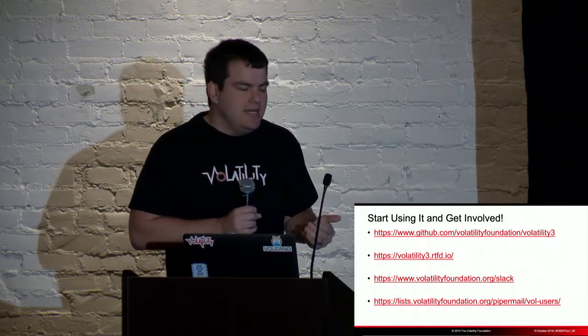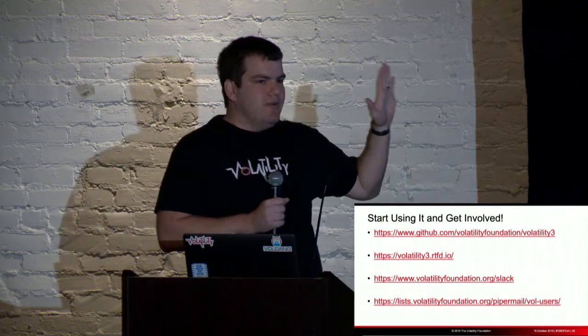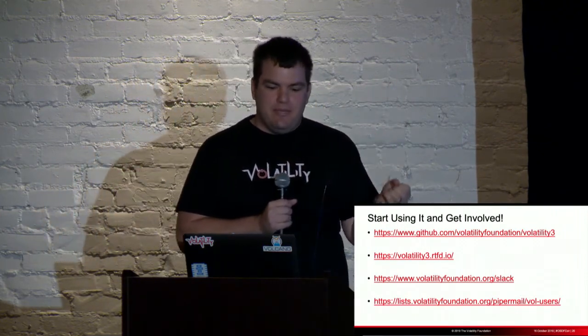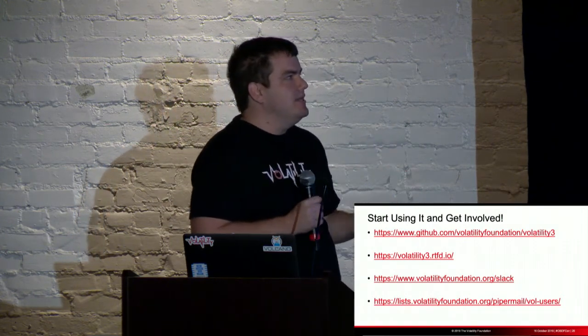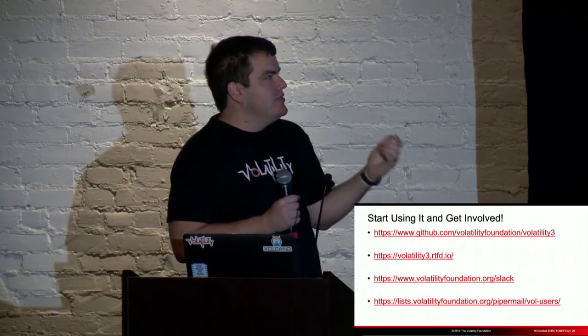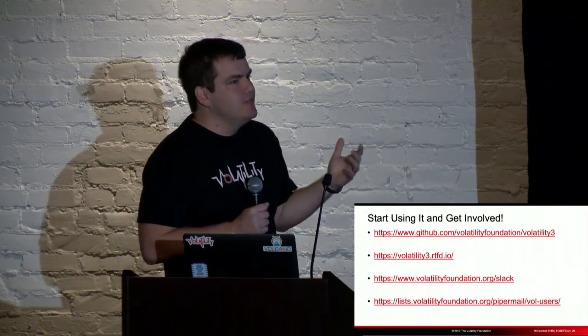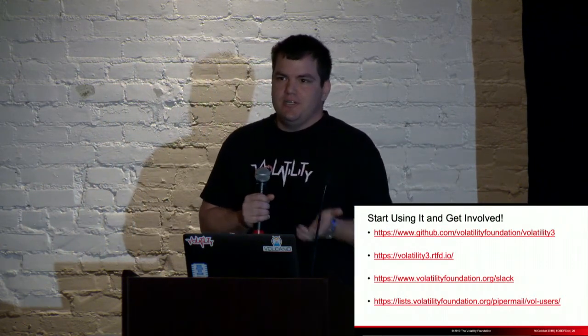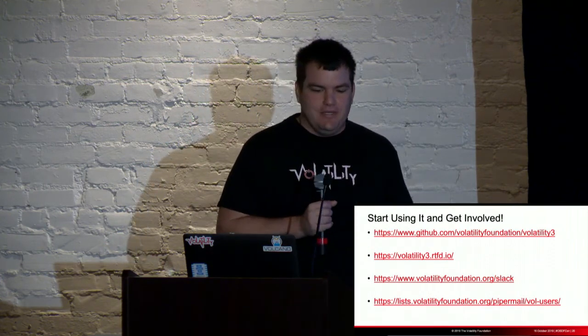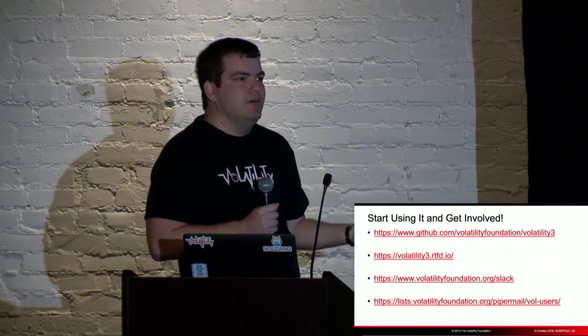So again, the idea here is Volatility 3 is still very much being worked on. The core APIs are done, all of the back-end stuff is done, but as far as the analysis plugins, there's still a lot to write, and there's still a lot of room for improvement and also discussion. So if you don't like how a certain plugin in Volatility 2 works, let us know about it. If you have the ability to do programming, you can write it yourself, submit a patch.